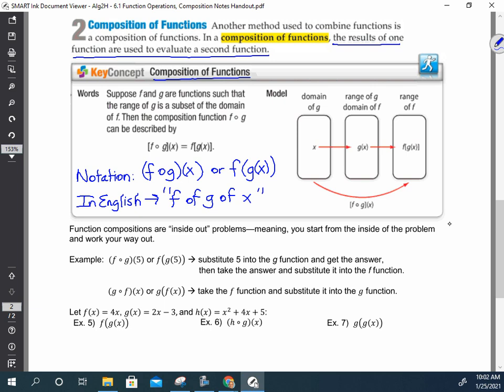That's how you would pronounce it. A composition problem is an inside-out problem, meaning you start from the inside and work your way out.